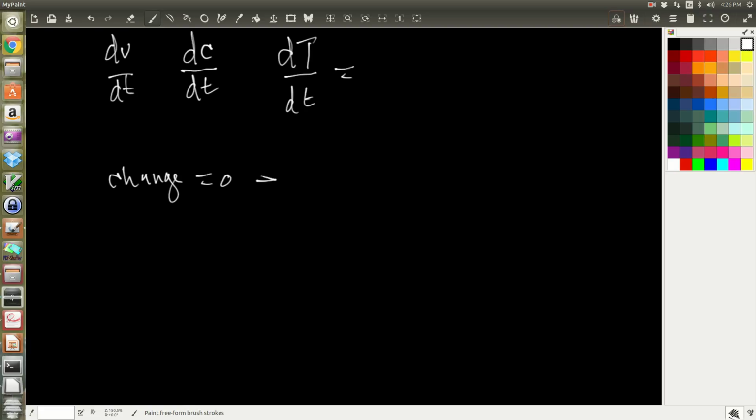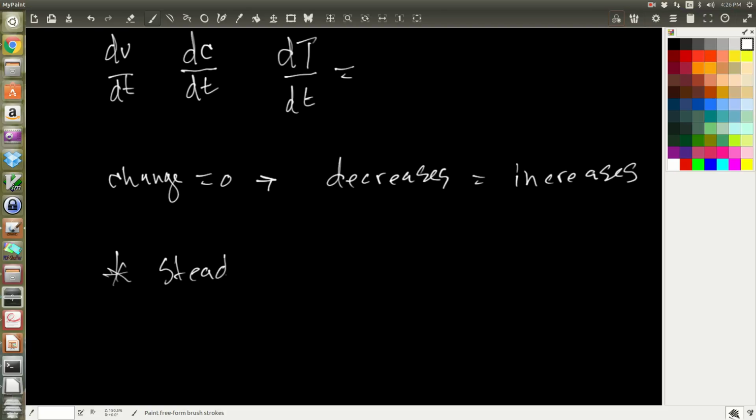Well, if that's the case, then we just have the decreases are equal to the increases. And we call this type of problem the steady state problem.